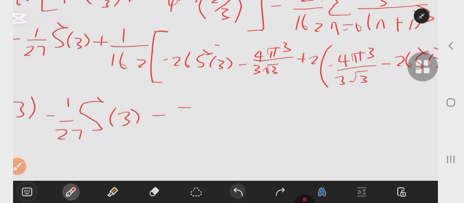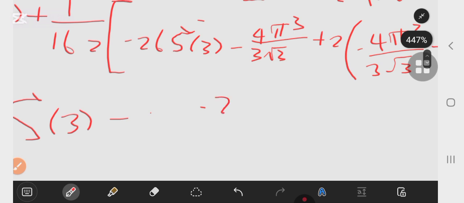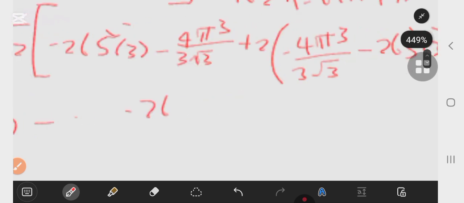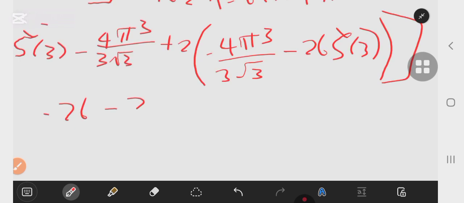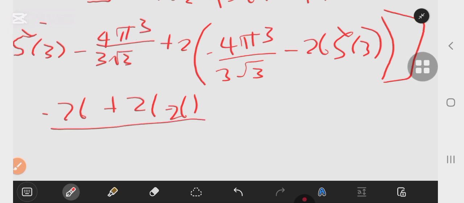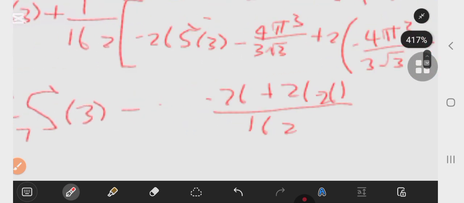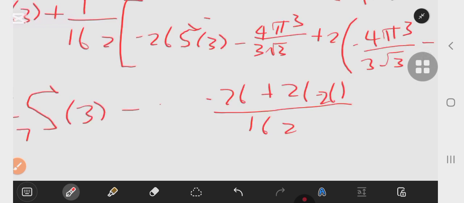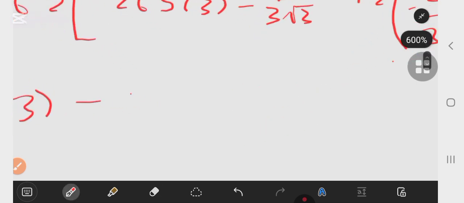If you evaluate minus 26 plus 2 times minus 26 all over 162, you get minus 13 over 27. So here I'm having minus 13 over 27.